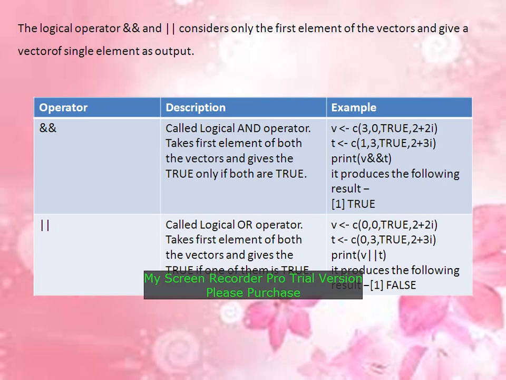And logical operators: logical AND element-wise, logical OR element-wise, and logical NOT element-wise. And another two logical operators that are vector-wise, double AND and double OR. So these are the three categories of operators available. In the next class we can see the remaining operators.